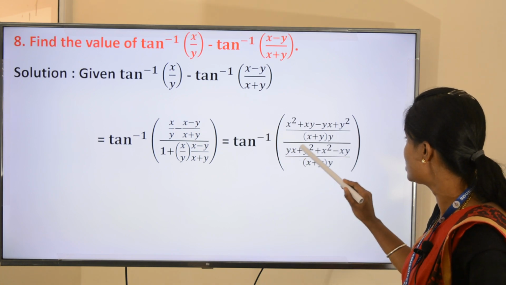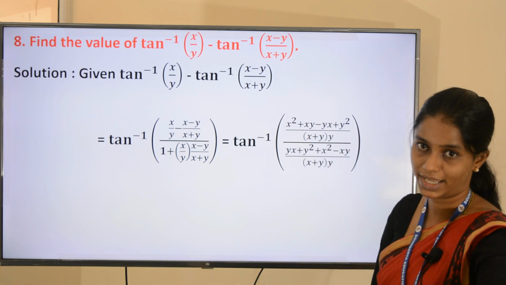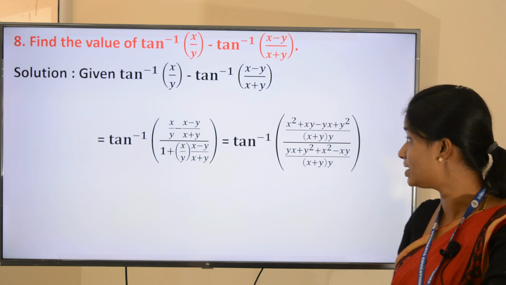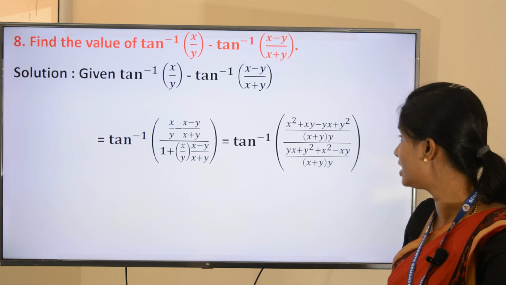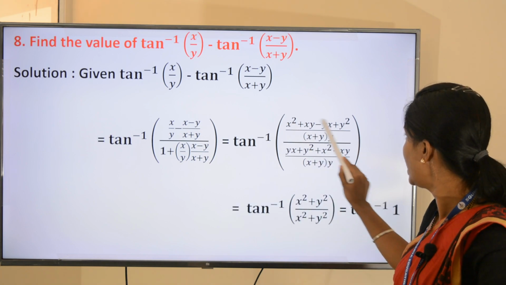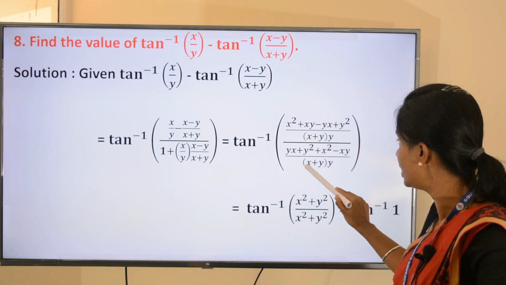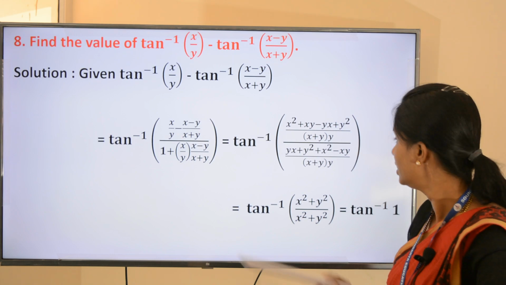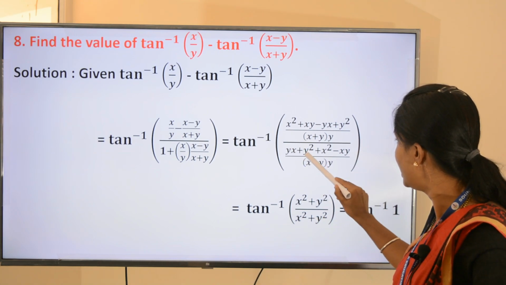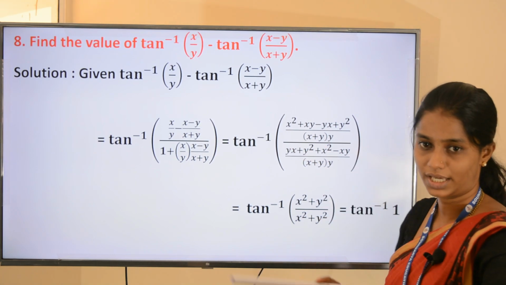And here plus yx minus xy get cancelled, and remaining term is tan inverse of x square plus y square, denominator got cancelled, whole divided by y square plus x square.